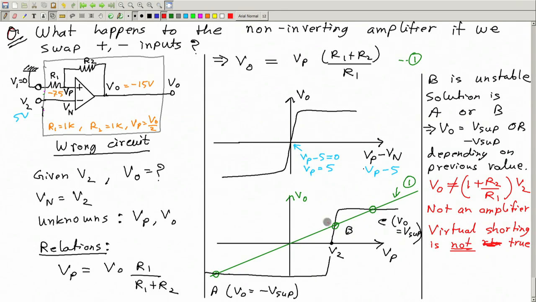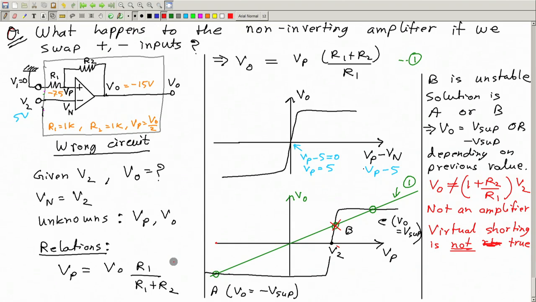The solution will not be the unstable one, so let's consider only C or A. If we are at C, then Vp will be this much positive, and Vn is equal to V2. So Vn is here, but Vp is here. They are not equal. Similarly, if I am at A, Vp will be at this point and will not be the same as V2 or Vn. So the virtual short is not going to work.